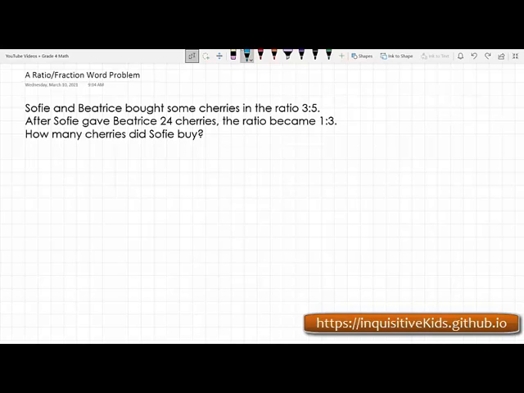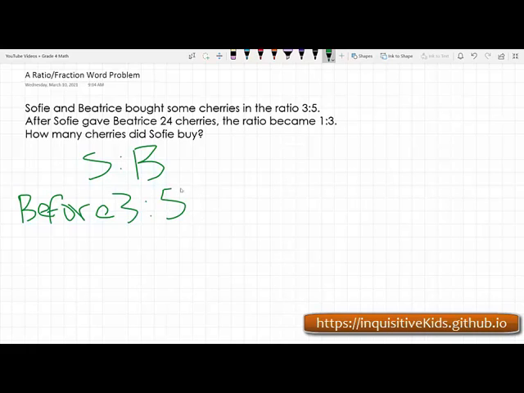Okay, so let's first write down the before and after ratios. In the ratio Sofie to Beatrice, the before ratio is 3:5.